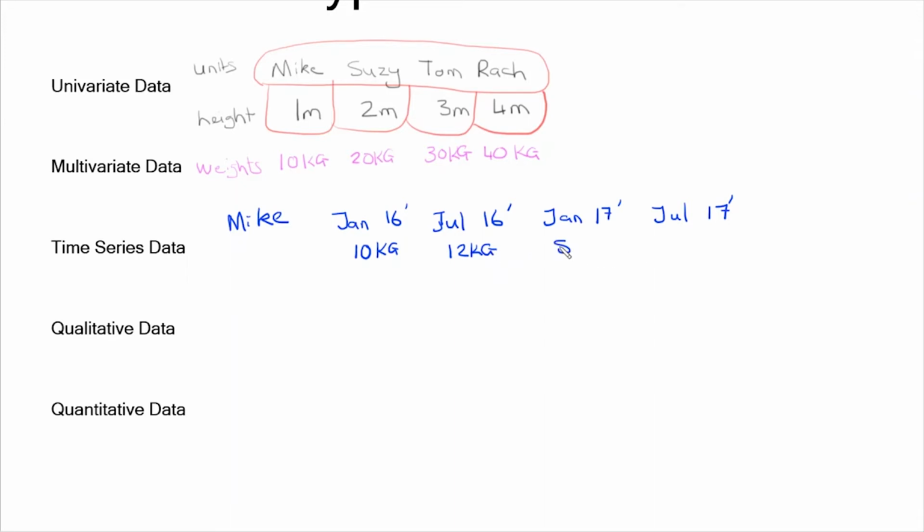He wanted to lose it, so maybe he went to 8. But then he realized he was too skinny, so we'll go with 10 again.